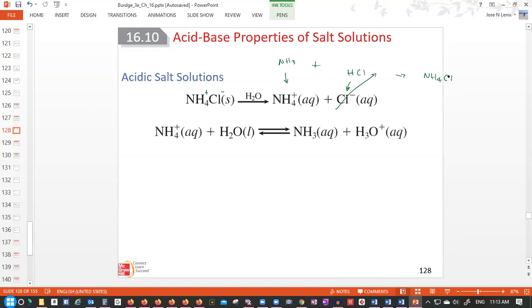Then they take out the water. Remember, this is aqueous. Take out the water, crystallize, get the crystals, and sell it as ammonium chloride. Very important, because you can add this to the soil also to change the pH of the soil in a very gentle manner, and it also adds a lot of nitrogen to the soil.